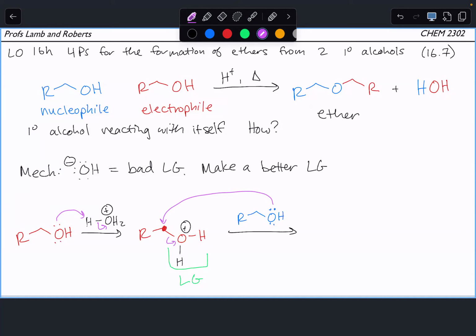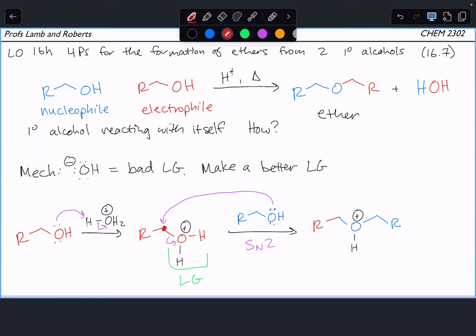This is another SN2 reaction. All happens in one step. Nucleophile attacks electrophile, break the weakest bond. Okay, so from there, we get our nucleophile has replaced the leaving group. It is still protonated.